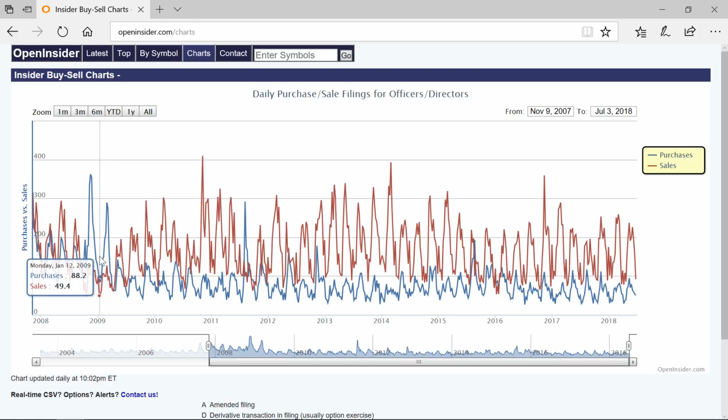So since the Great Recession, company leaders have been selling their stocks more than they've been buying. That is a tremendous indicator that since the last Great Recession, insiders do not believe in the relative strength of the economy, specifically of their companies and of the broader economy.